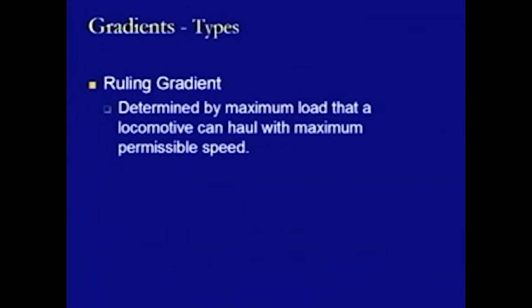So, whatever value comes for that gradient, in terms of so much rise or fall with respect to the horizontal distance moved, that is going to be the ruling gradient. Looking at these performance features of the geometrics as well as of the locomotive characteristics, this is defined as the design gradient for any railway track. So, most railway tracks should try to keep the gradients within the ruling gradient condition.